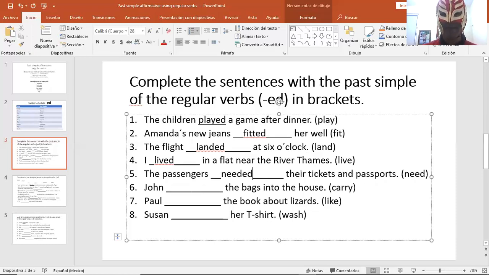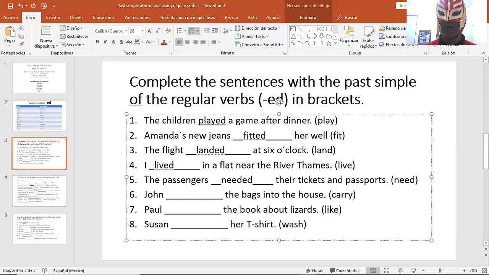Needed their tickets and passports, okay? Number six, the verb is carry. We're gonna write it in past simple. John carried the bags into the house.